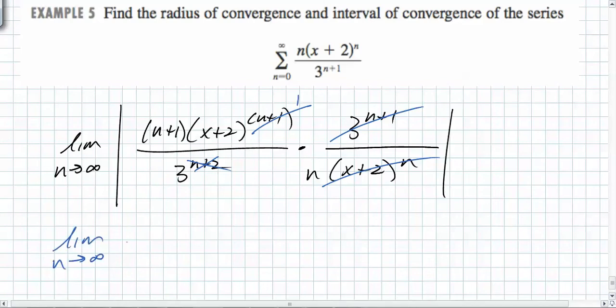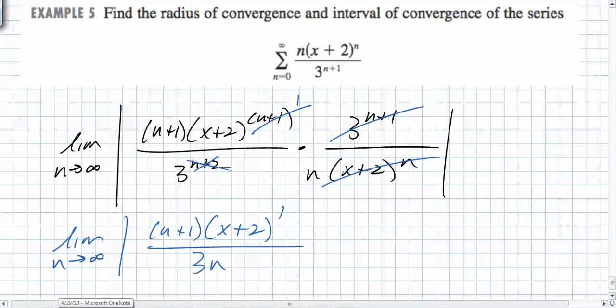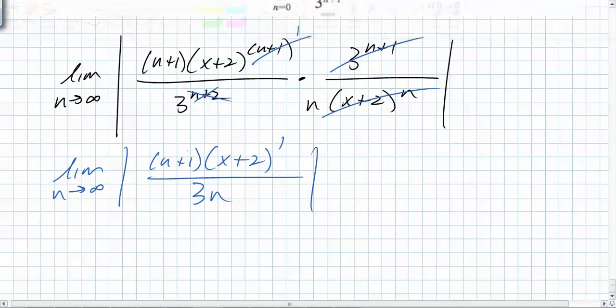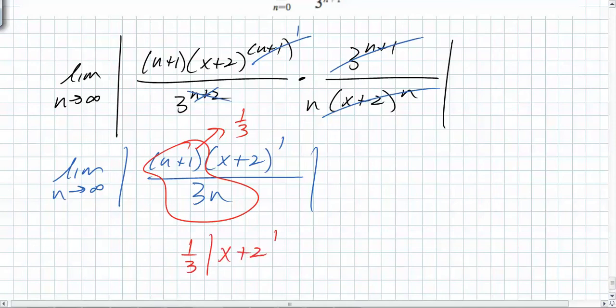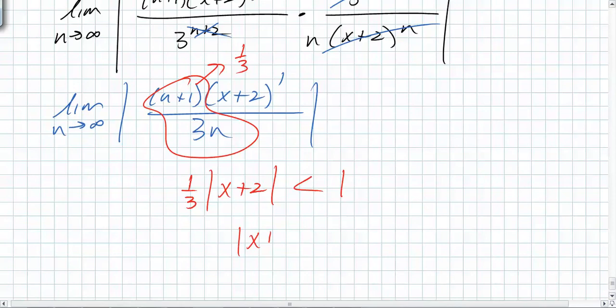Limit as n goes to infinity of n plus 1 over n times x plus 2 over 3. So what's the behavior of this as n goes to infinity? It goes to 1/3. So we're looking at 1/3 absolute value of x plus 2 has to be less than 1. So x plus 2 has to be less than 3.